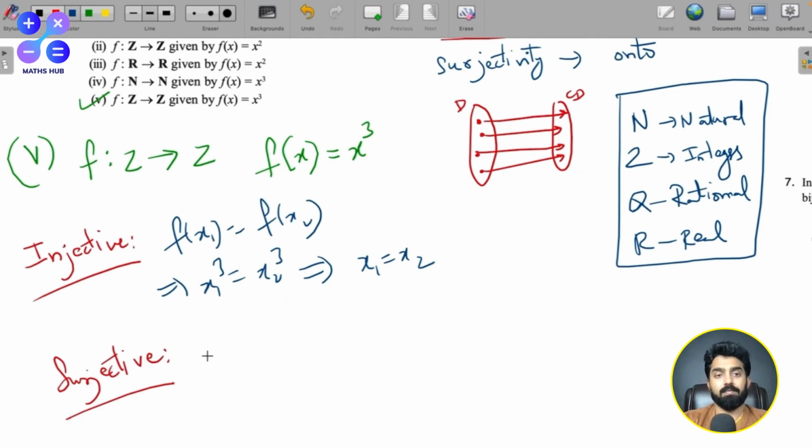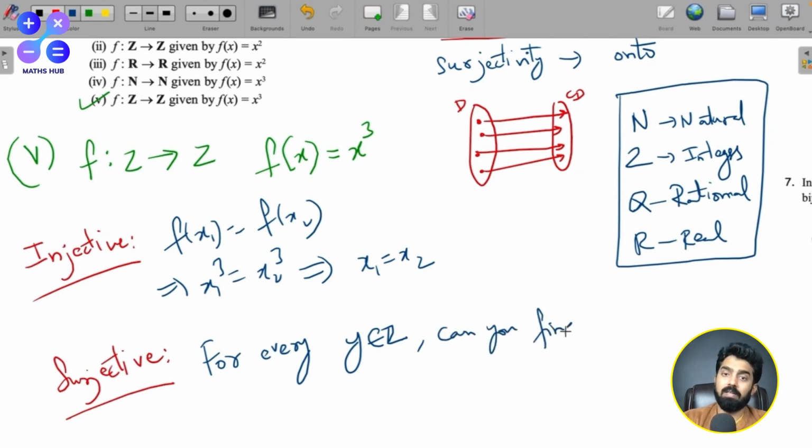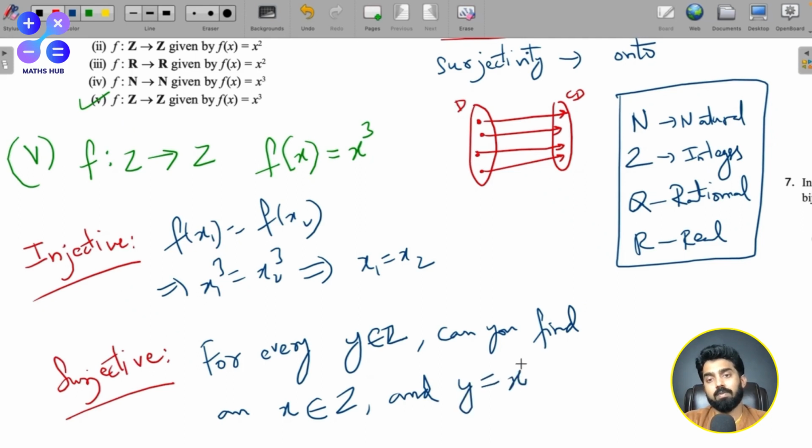Now, is it surjective? So for every y that belongs to integers, can you find an x such that x belongs to integers and y equals x cube? You obviously can't.